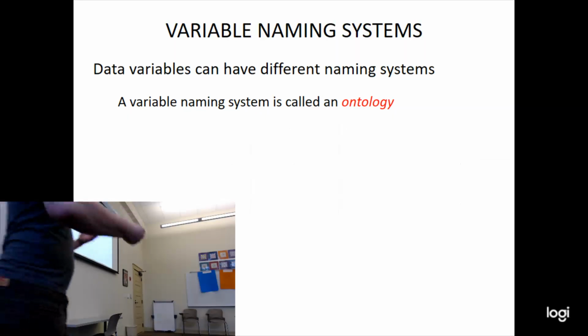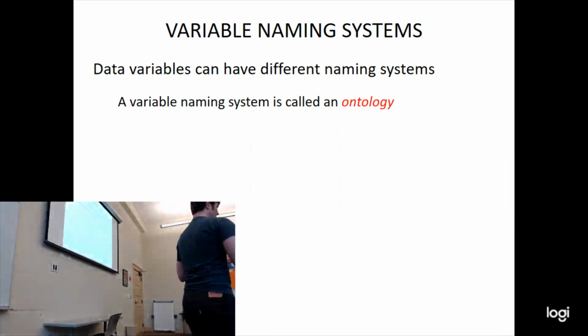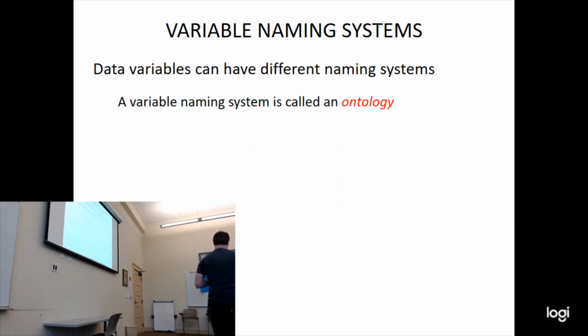These different systems for naming variables are called ontologies. That's a fancy word. All that means is it's some sort of way of representing stuff with groups. Ontology in philosophy is, I never took philosophy, so I'm a little bit out of my depth here, but as I understand it, the study of things and what they are.